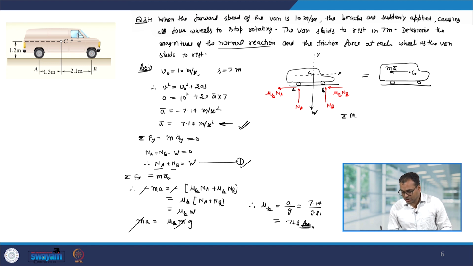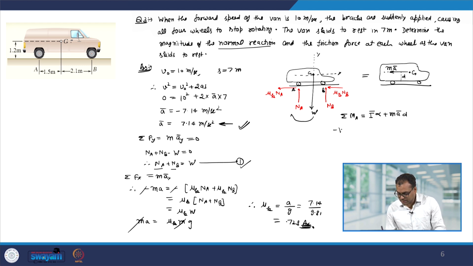Okay. So, the equation of motion is summation M A is equal to I bar alpha plus m a into the perpendicular distance of this force, which is this, let me call this d. Okay. So, let us take the moment about A. So, the tendency of the force W will be to rotate this in the clockwise direction.